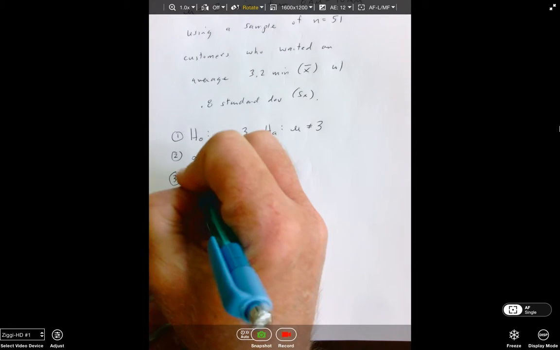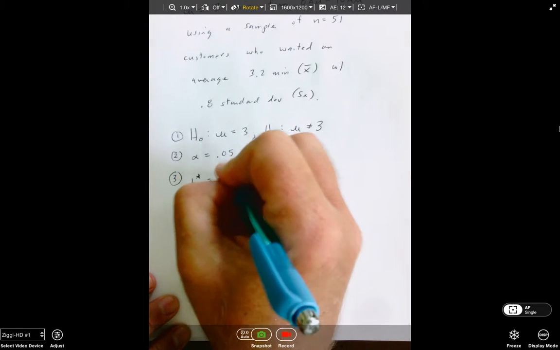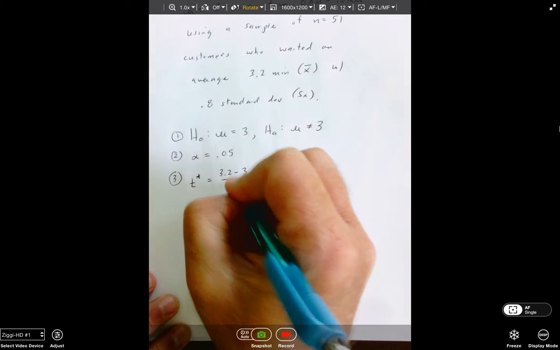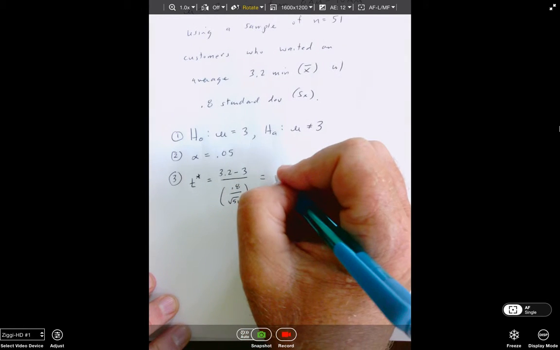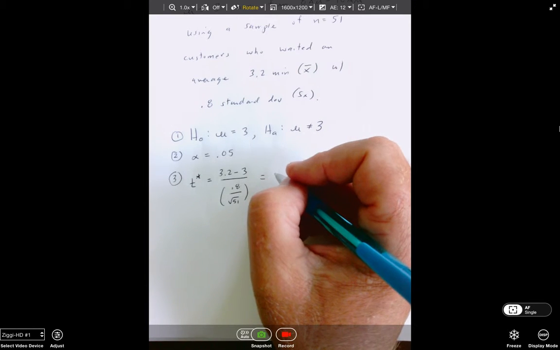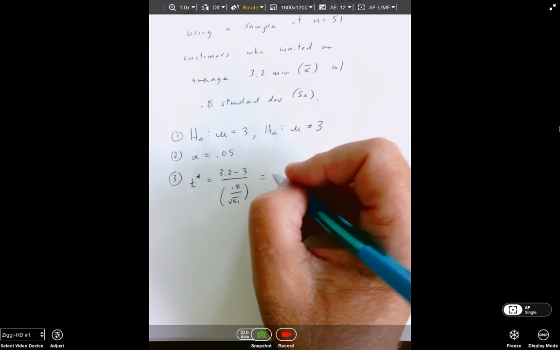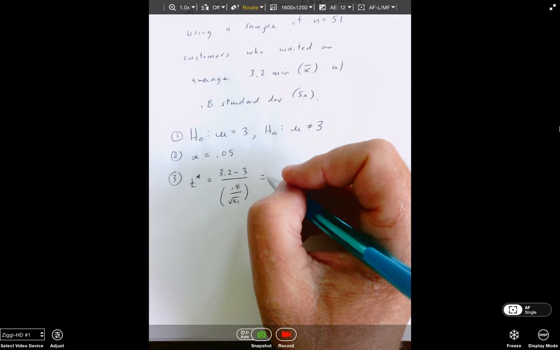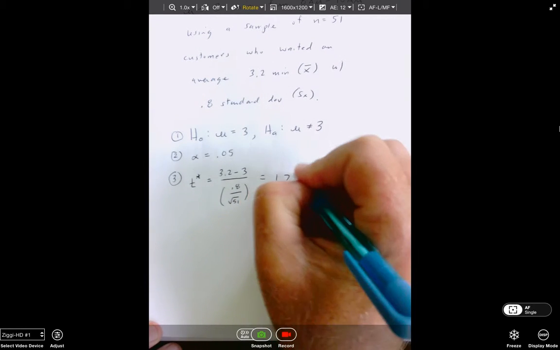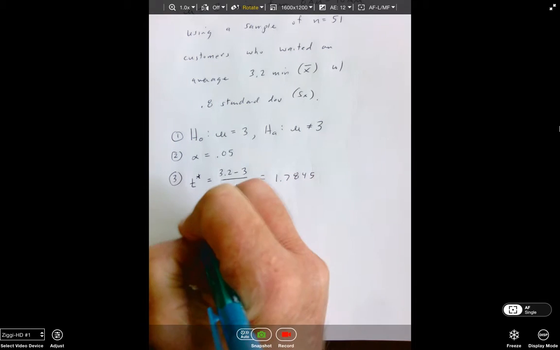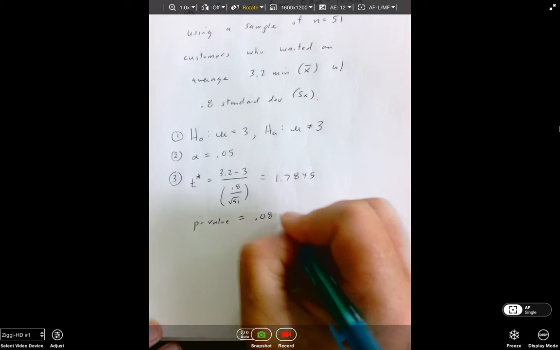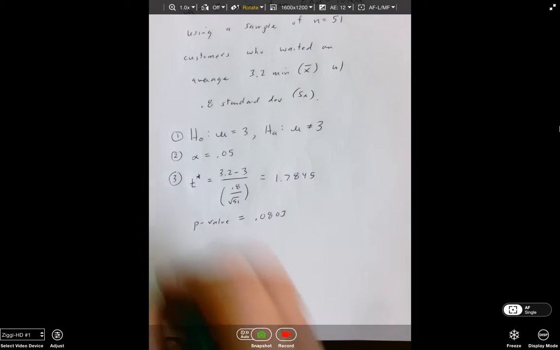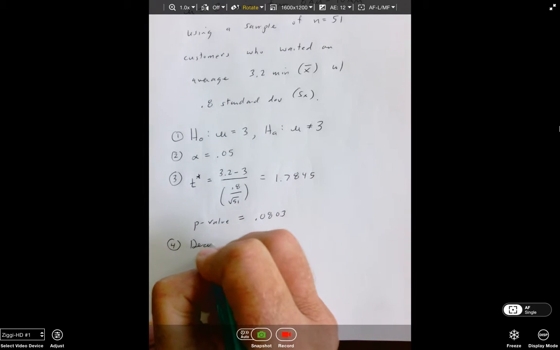We calculated our t critical value to be 1.7845, I do believe. We calculated our p-value to be 0.083. Our fourth thing is our decision.